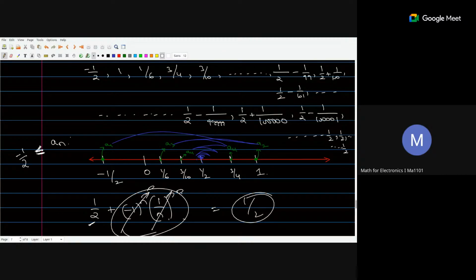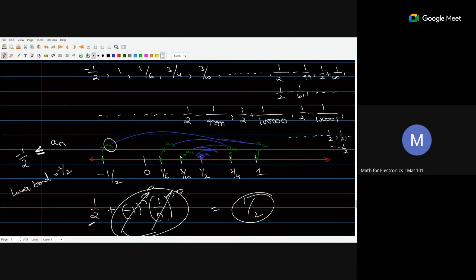See, my a1 is minus half, but none of my other terms will go below this minus half. These numbers are oscillating around half. So I can say this sequence is bounded below, and the lower bound is equal to minus half.